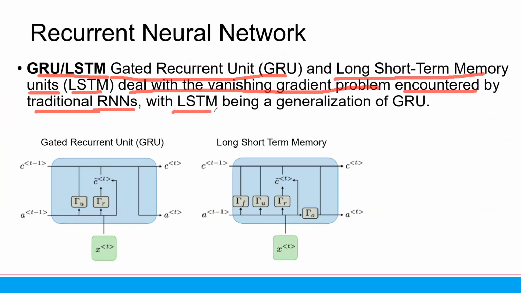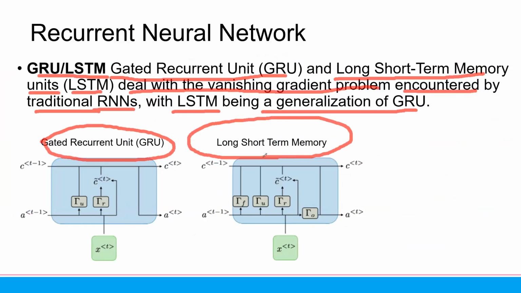The LSTM is the generalization of the GRU. This is the architecture of the GRU, and this is the architecture of the LSTM. Let's focus on this one, and let's focus on this one.